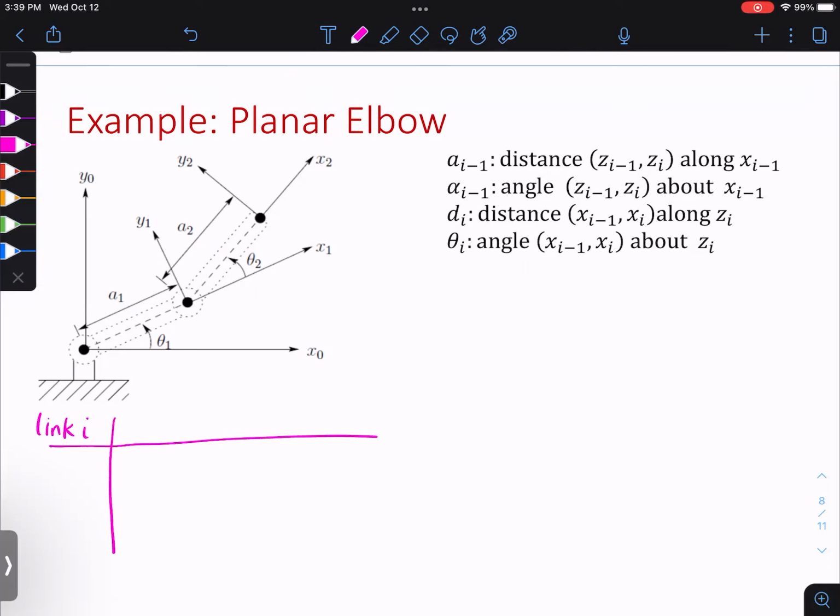So I'm going to have link 1, link 2. Then we're going to have a_{i-1}, alpha_{i-1}, d_i, theta_i. It's always like that. So for the first row, I'm going to have a_0, alpha_0, d_1, theta_1.